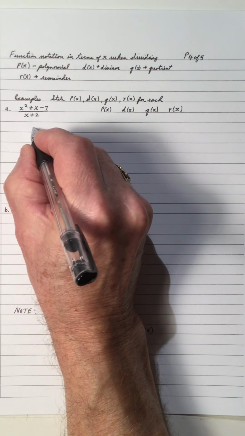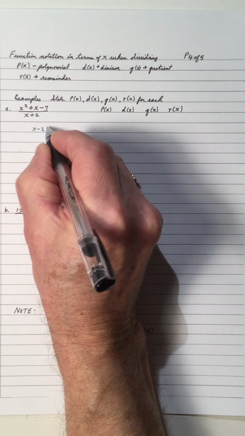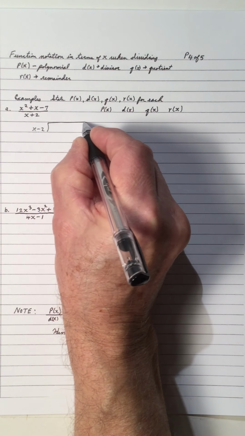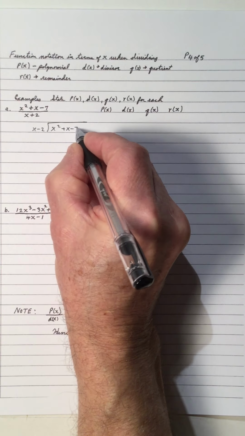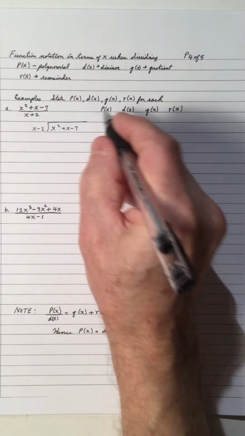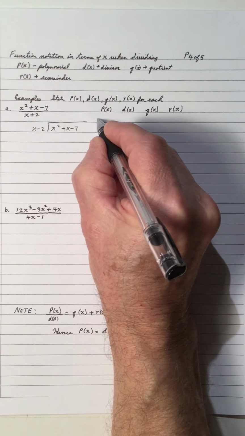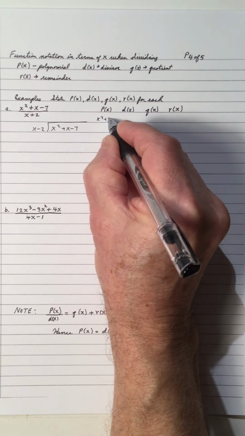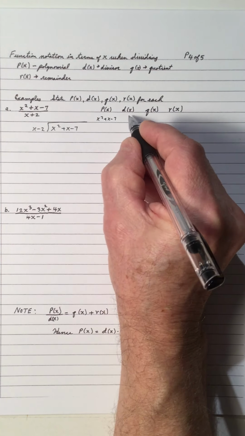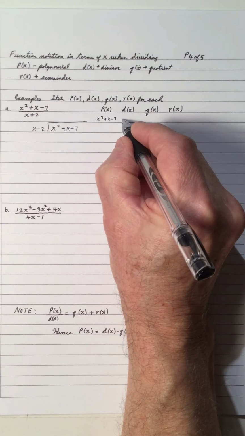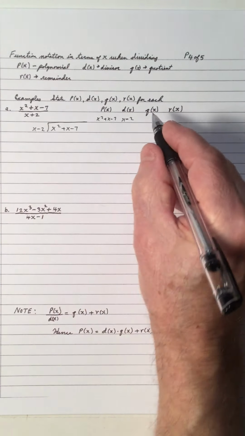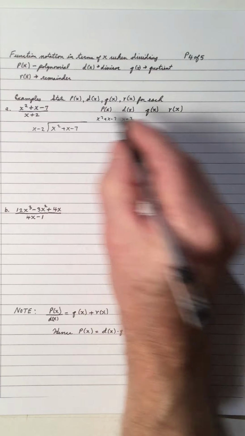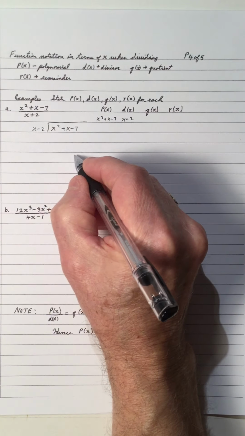So we have x minus 2 divided into x squared plus x minus 7. So in this case, the polynomial is x squared plus x minus 7. The divisor is x minus 2. So I have to divide this out to get the quotient, which is up here, and to get the remainder, which is going to be down here.